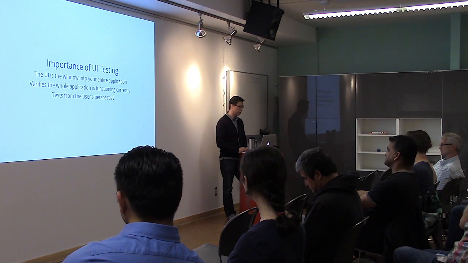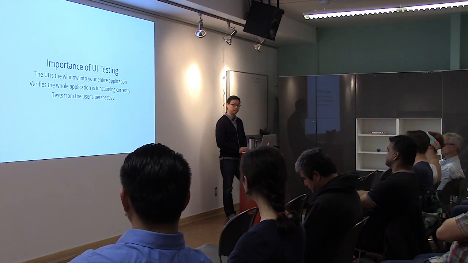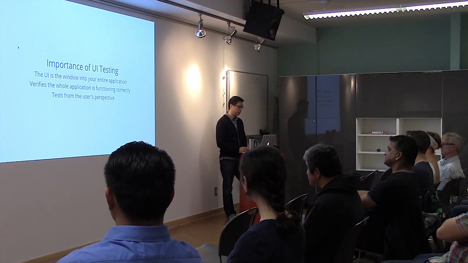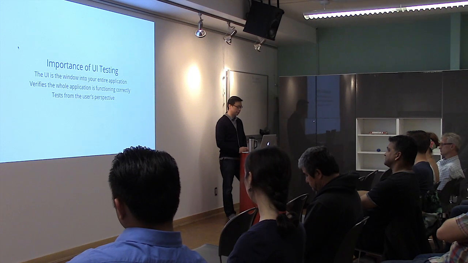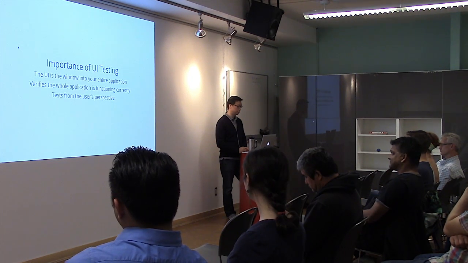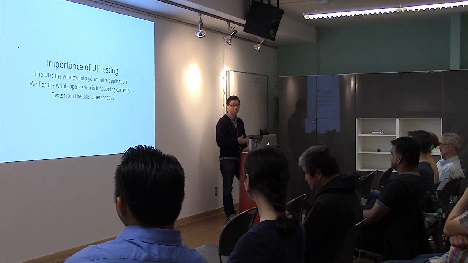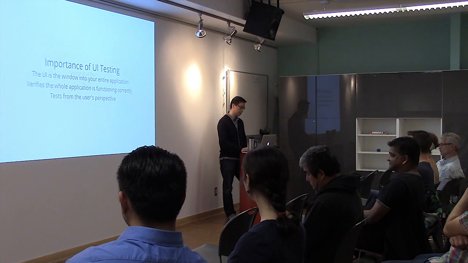But when you're testing the UI, you're not only testing the front end, but you're actually testing the entire application from front to back, end to end. It ensures that your entire application is functioning correctly, and that you're testing from your end user's perspective. So you're testing the user experience and ensuring that things are designed properly, are easy to use and accessible.